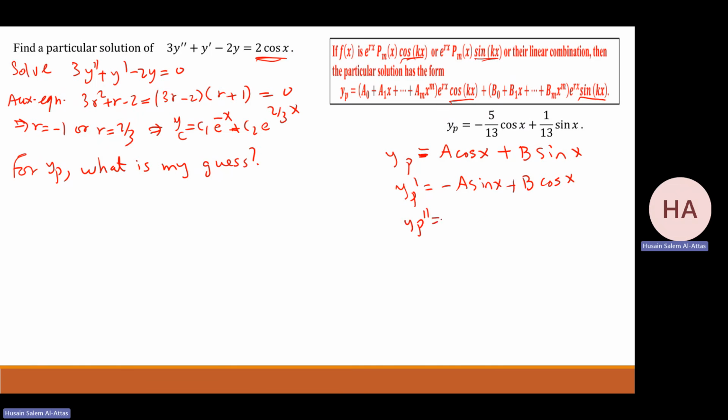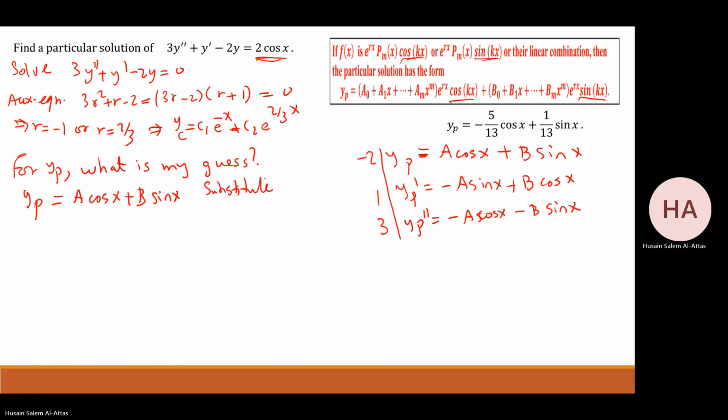Yp double prime will be minus a cosine x minus b sine x. And this is multiplied by 3, this is 1, this is minus 2. Okay, so my guess, Yp equals a cosine x plus b sine x. Substitute in 1, and this is 1.